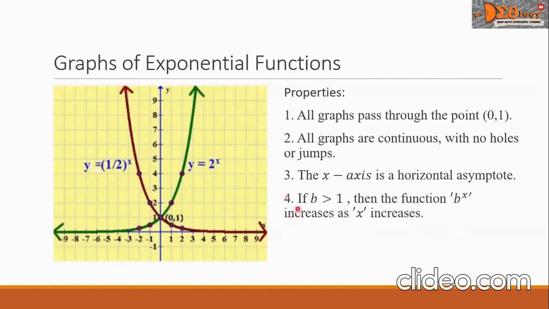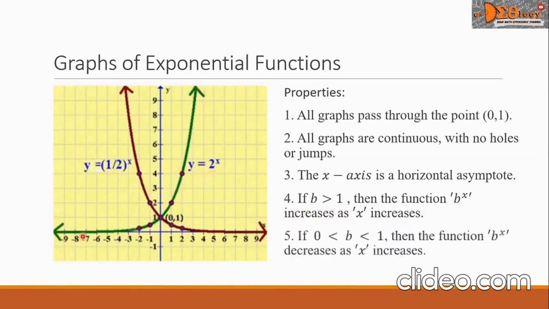Property number 4. If b is greater than 1, then the function b raised to x increases as x increases. This is an example of a graph with b, or the base, greater than 1. Property number 5.